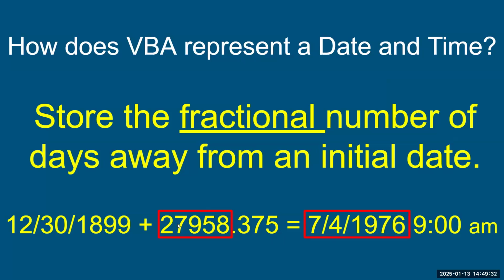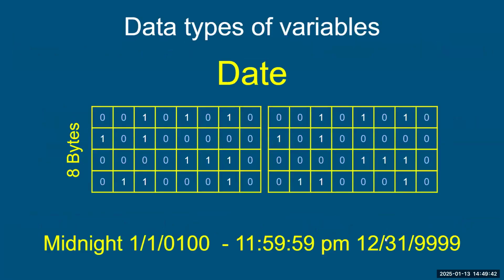So the day is 27,955 days after this date, and the time is 0.375 in the morning. In this case, it's 9 a.m. So there is a data type called date. It's another variable type. And the range here goes from midnight, January 1st of the year 100 to December 31st, 9999. How about that?